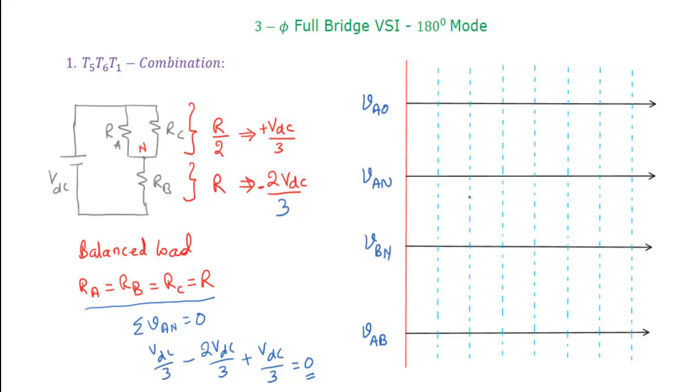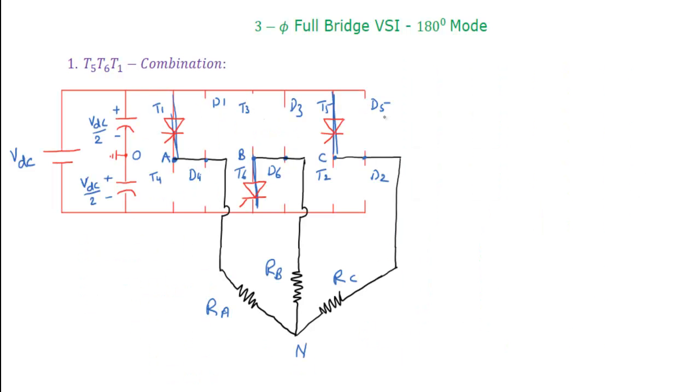If you want to know the pole voltage, you can look here. For the pole voltage we are taking the difference between A and O. When this thyristor is in conduction, it acts as a short circuit, so the potential at A and at this point are the same. So when you are measuring A and O, indirectly you are measuring O and this point.